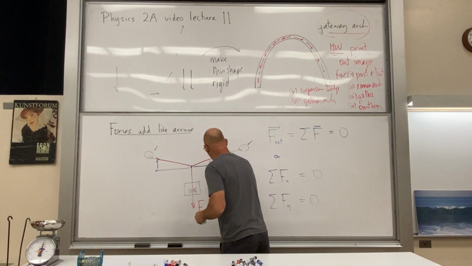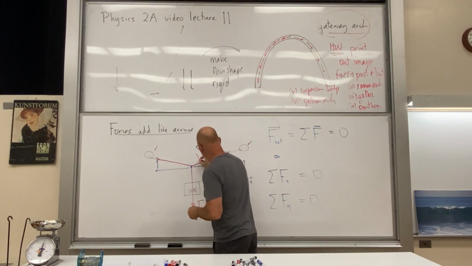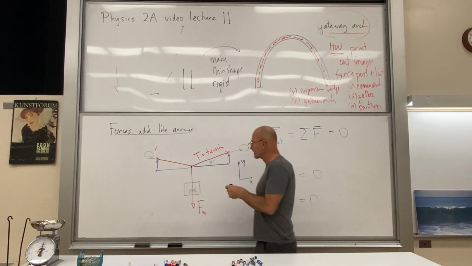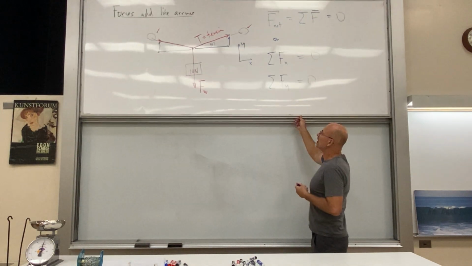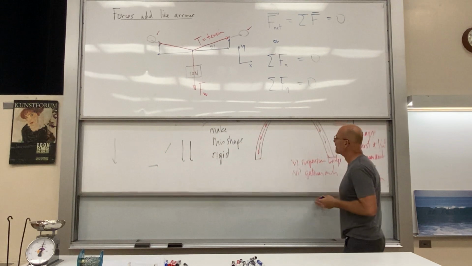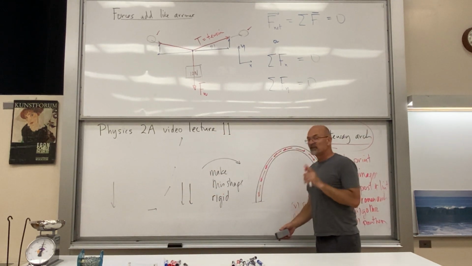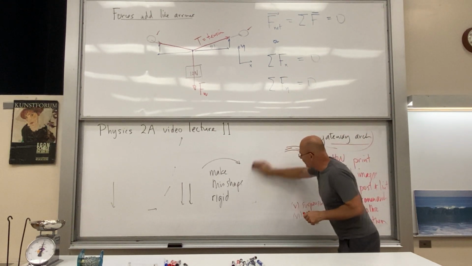We have an angle theta. I'm going to call this T equals tension. Okay, and we have the same thing on the left side, it's symmetric. So here's how to work this problem, and then I'll assign a couple more out of the text to get practice in this.